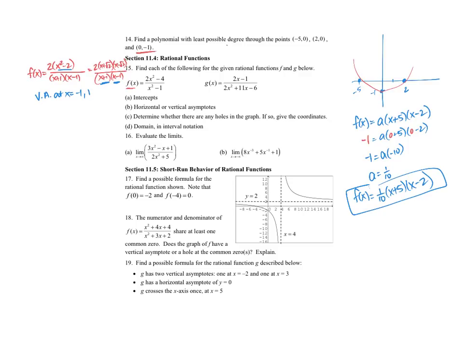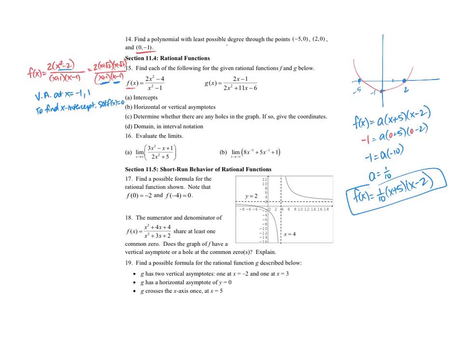Okay, and then for intercepts, let's do the x-intercept. To find an x-intercept, I'm going to set f of x equal to 0 and solve for x.